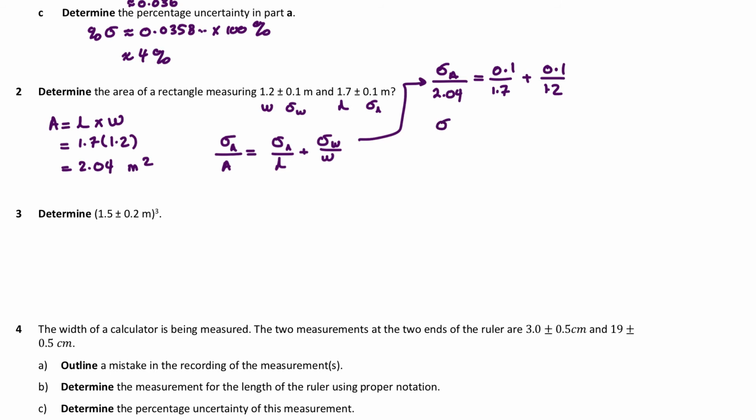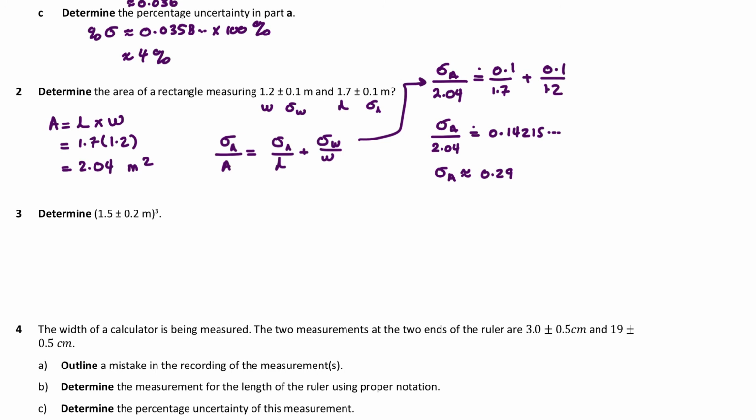Alright, so I will have that fractional uncertainty here. I'm going to put that on my calculator, and I'm going to get 0.14215. I'm going to use the exact value. I'm going to multiply this value by this in order to get rid of it from the left-hand side, and I will end up getting that the uncertainty of the area is approximately 0.29.